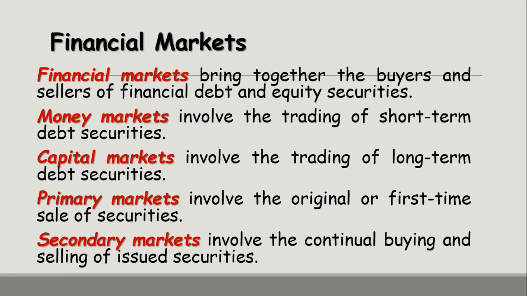The secondary market involves the continual buying and selling of issued securities, meaning securities which are already issued are traded between investors. So that is the difference between the primary and the secondary market.